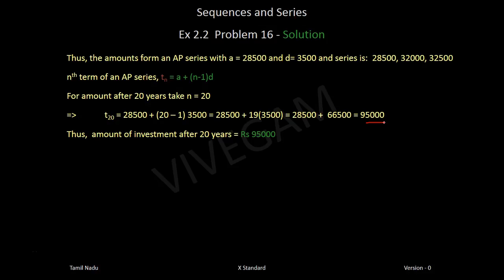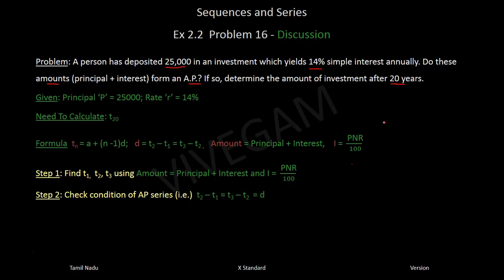Now if you look back into the solution steps, probably it will be a little better. So what are we doing? First you calculate the interest, then you calculate the amount at the end of the first year, second year, third year. Then you make sure it is an AP series by using the condition T2 minus T1 and T3 minus T2, and in all cases it's 3,500.